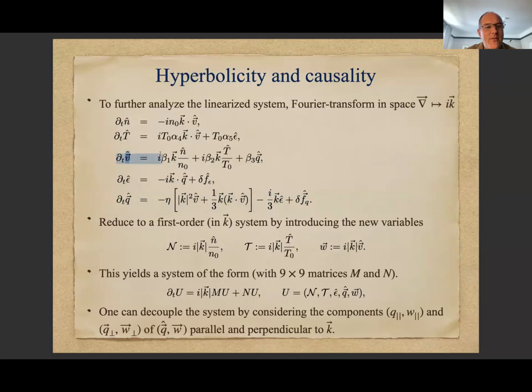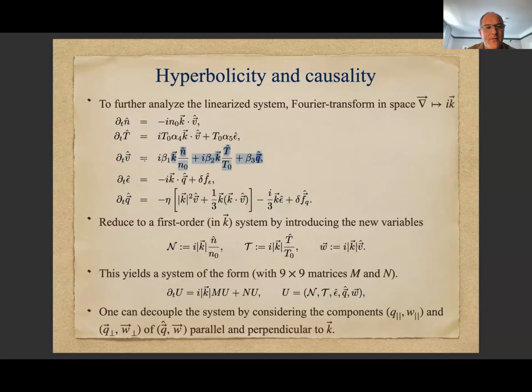But of course, if you now look at the evolution equation for v, this will be replaced by the evolution equation for w. So you should multiply this equation by ik, and then this equation becomes a second order equation. To prevent that, you now replace n by ik n over n0, basically, and the same for the temperature, tau. So this q here is no issue if you multiply it by ik.